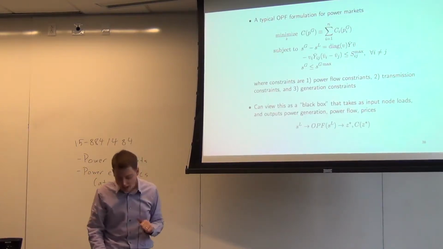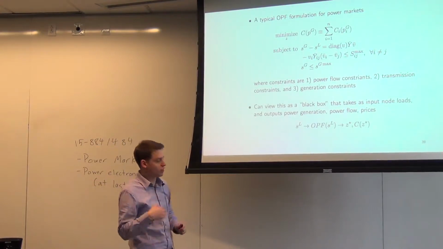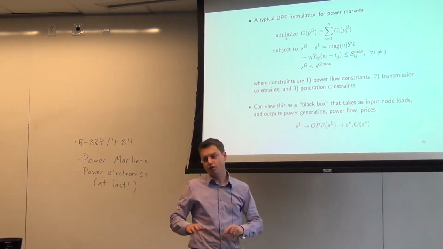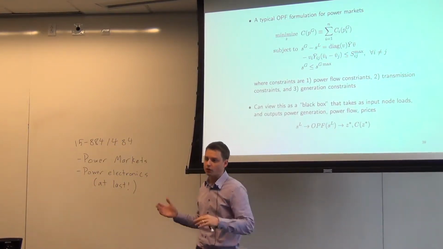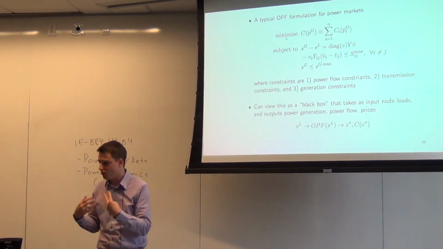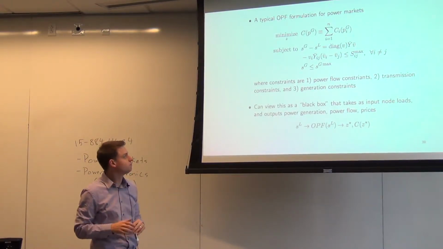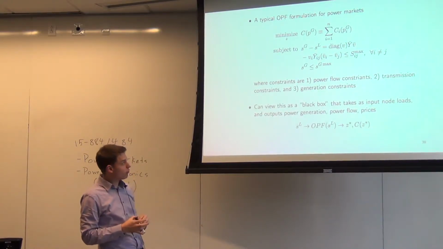And now let's look at an example of an optimal power flow problem for a power market. What would the ISO want to compute, given all the costs it's gotten, given the demands, etc.? This is a pretty general formulation.